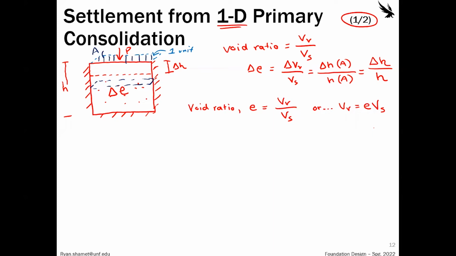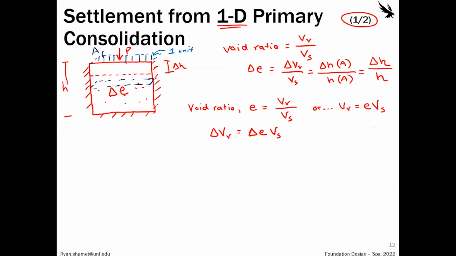Again, that would mean that the change of volume of voids is equal to the change of void ratio times the volume of solid.